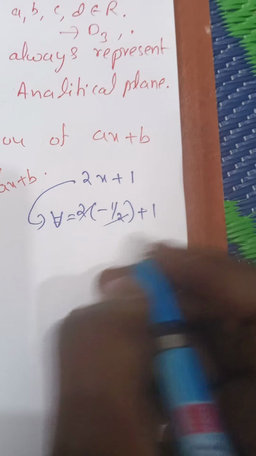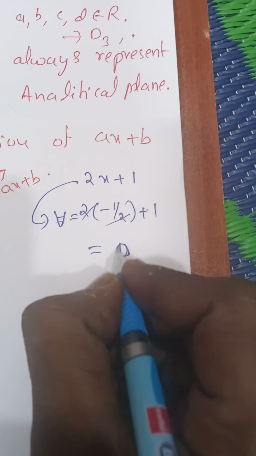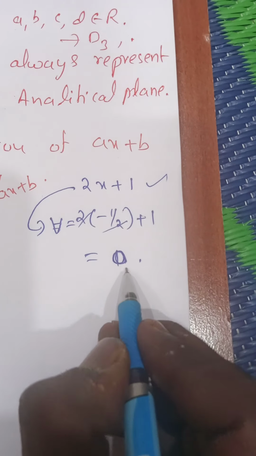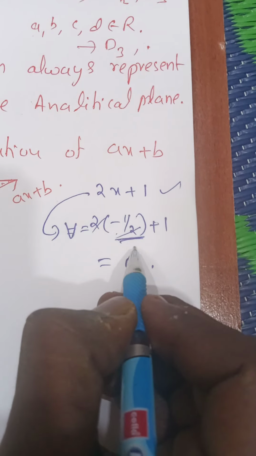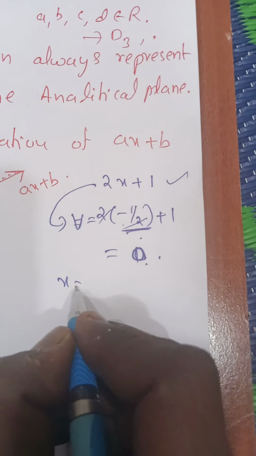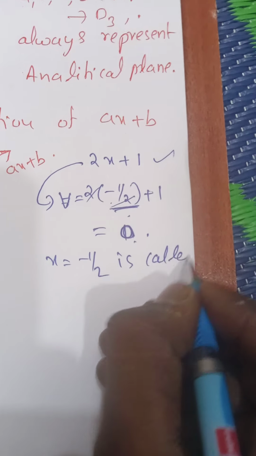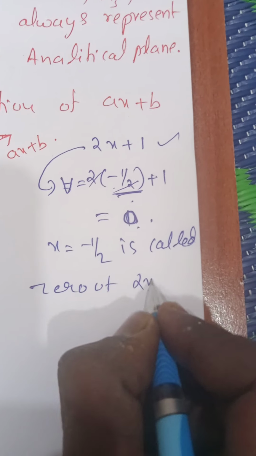You will get minus 1 plus 1, that is 0 will come here, isn't it? So the value of this polynomial becomes 0 if and only if we take x equal to minus 1 by 2. That's why here x equal to minus 1 by 2, we call it the zero of 2x plus 1.